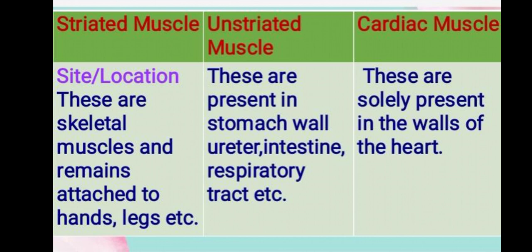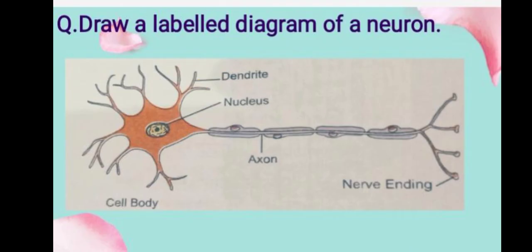We can have this muscle in hands, in the legs, etc. Unstriated muscles are present in the stomach wall, ureter, intestine, respiratory tract, etc. Cardiac muscles are solely present in the walls of the heart. Another question is again diagram based question. Here you need to show the diagram of a neuron. We can have diagram like this.